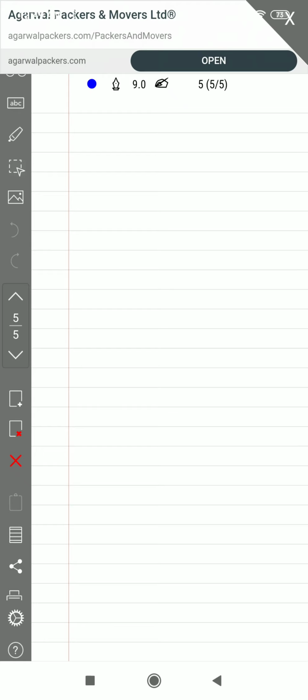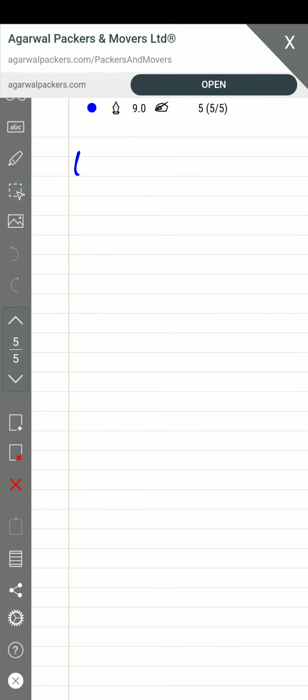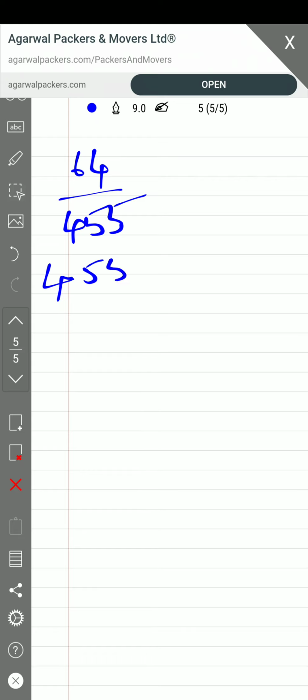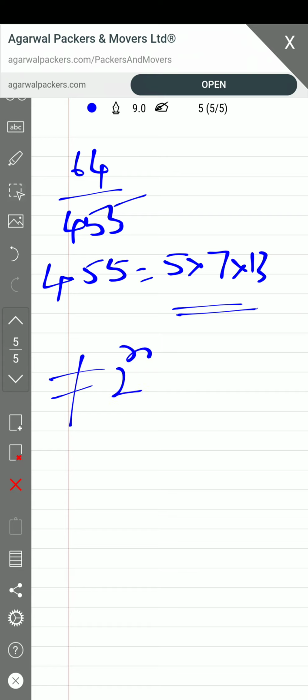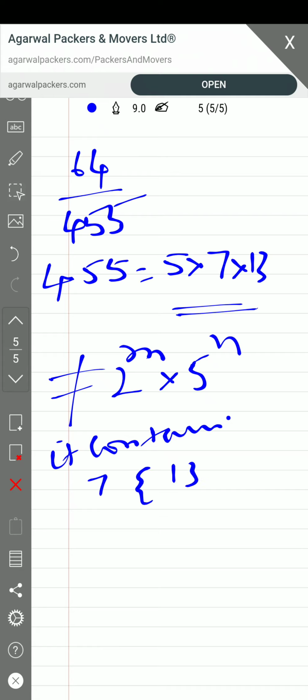Next, the third one is given as 64 by 455. Now 455, if I factorize, becomes 5 into 7 into 13. It is not in the form of 2 power m into 5 power n. It should be only 2 and 5, but here it contains 7 and 13 as its factors.